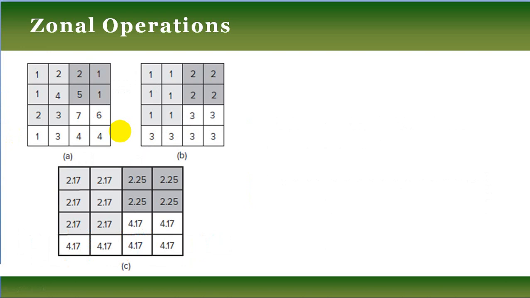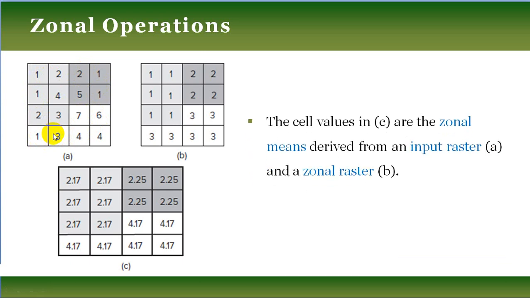Then this time we perform a zonal operation with two rasters. This is the input raster, and this is the zone raster. This is zone 1 because all the group of pixels have the same value. Zone 2, zone 3. So this raster and this raster are superimposed. Now all those pixels present in the same zone, that is zone 1, zone 2, zone 3, we can perform zonal mean.